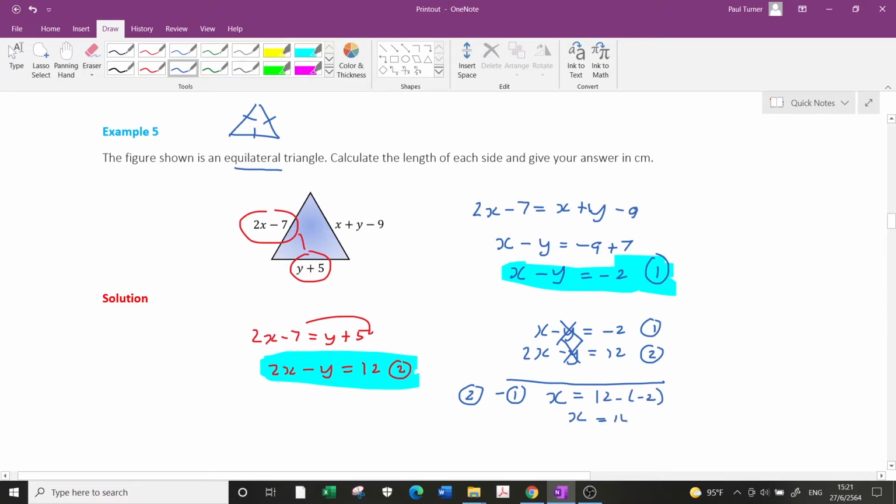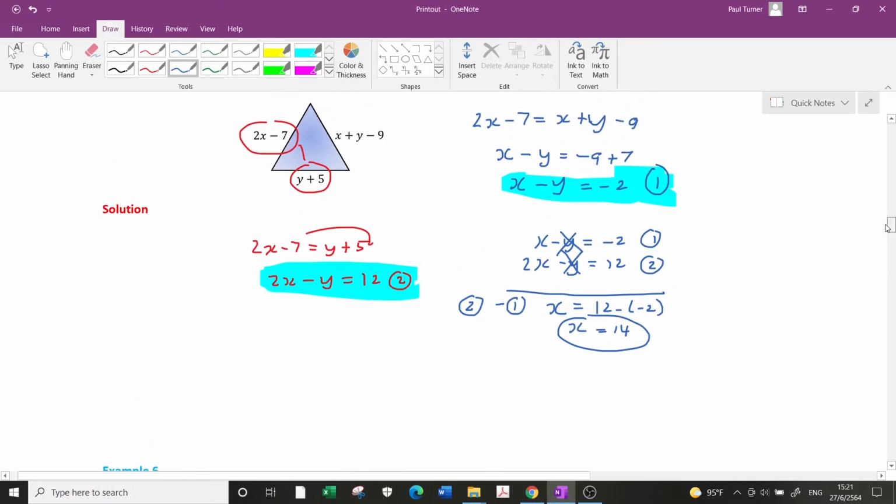So we'll get 14 for x. And then we can sub back to either equation. So how about equation 1? So we've got x minus y, which is minus 2. X is 14. So put it in there. 14 minus y equals minus 2. The y is going to be 16.